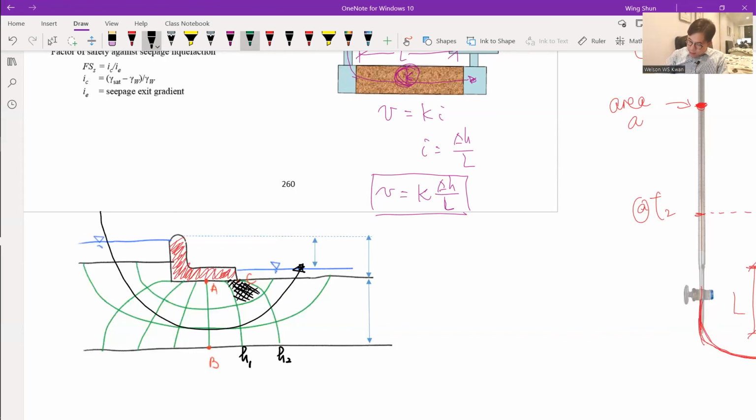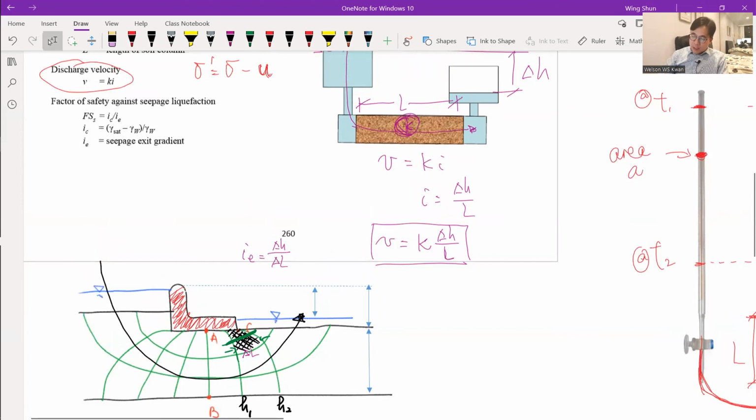So the length here gives you the delta L. With this exit grid, we can calculate i sub E, which equals the change of the head here divided by the travel distance. So this is the exit gradient. And with that, you know the exit gradient, you know the i sub C, and the factor of safety against seepage liquefaction can be calculated.